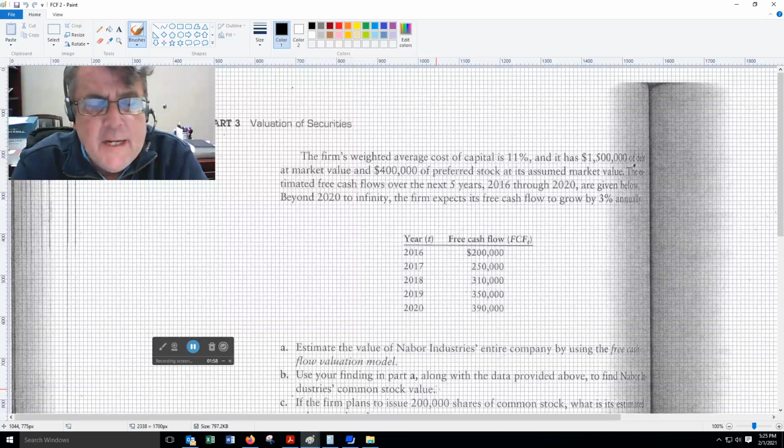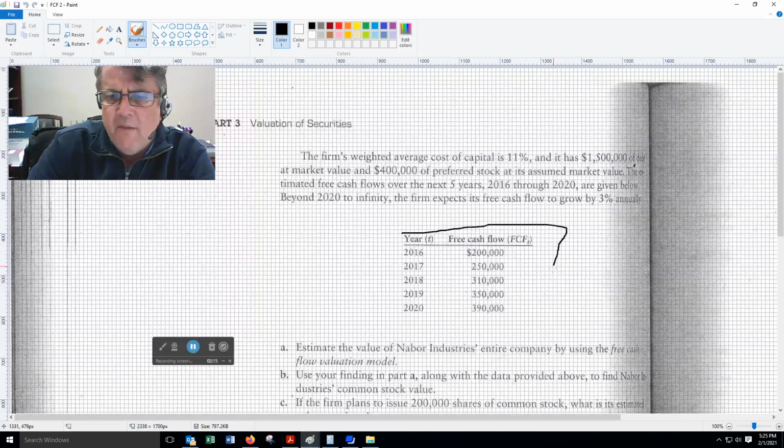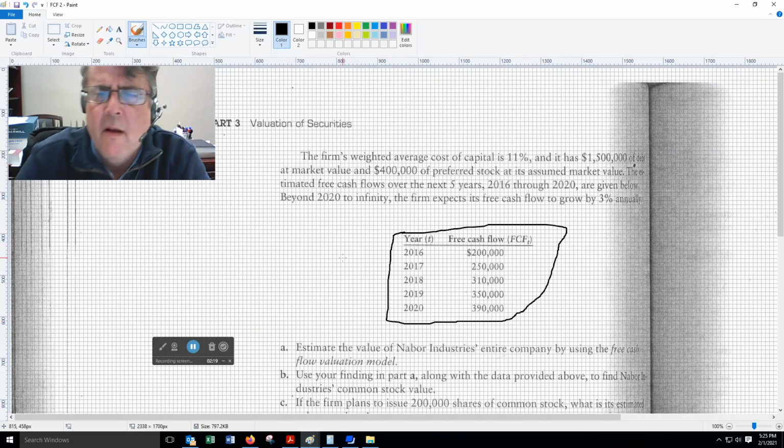Now, in these free cash flow models, we estimate the free cash flows over the next 5 years. So we've got those here: 2016, 2017, 2018, 2019, 2020. We've estimated those, and they're right there.